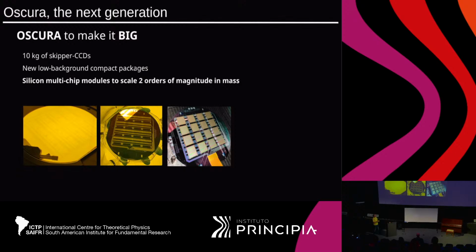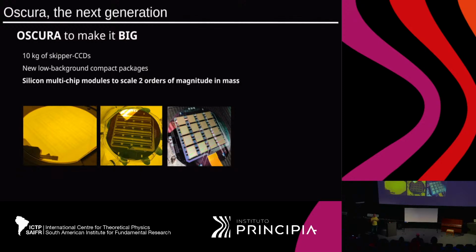Both efforts have been on the order of gram scales, a few sensors there. The next thing that is coming is Oscura, a super big jump ahead. Sorry, there is an intermediate thing that is coming. DAMIC-M actually will have a kilogram scale detector.